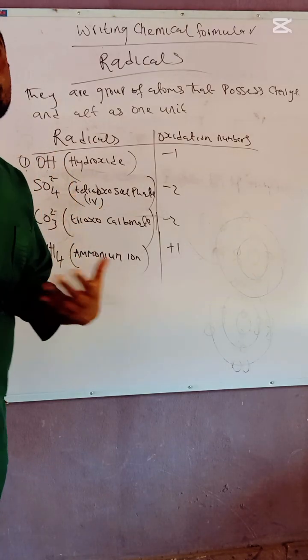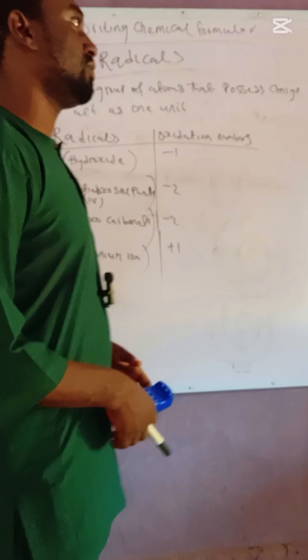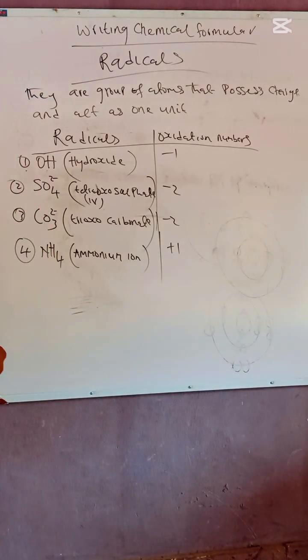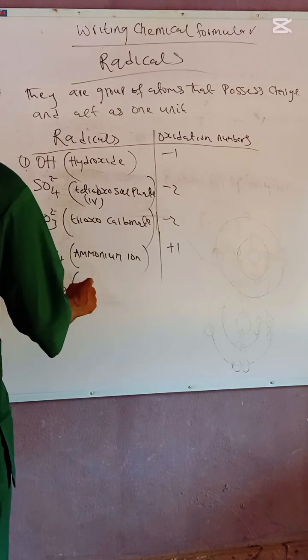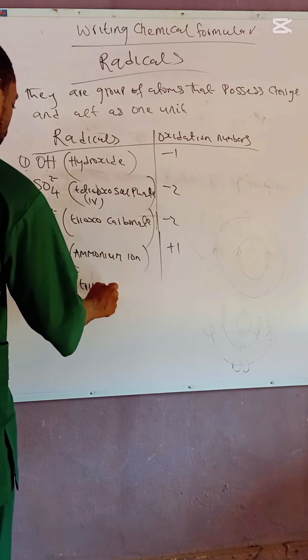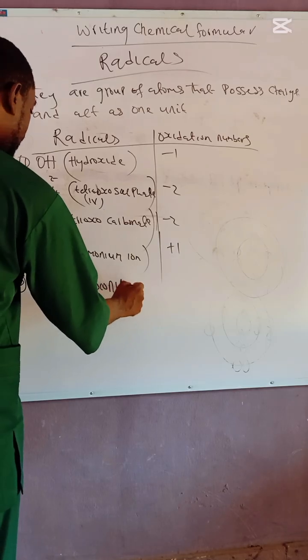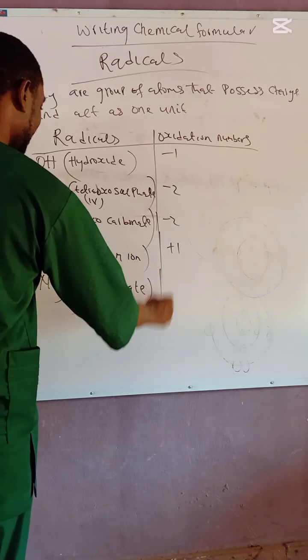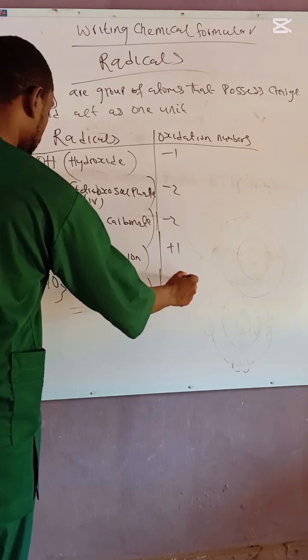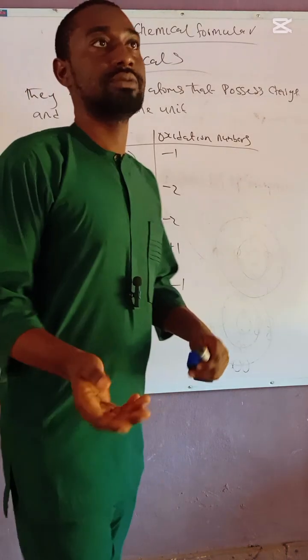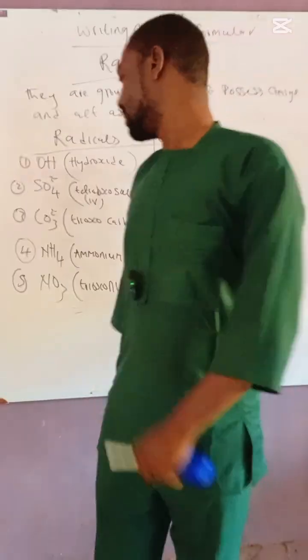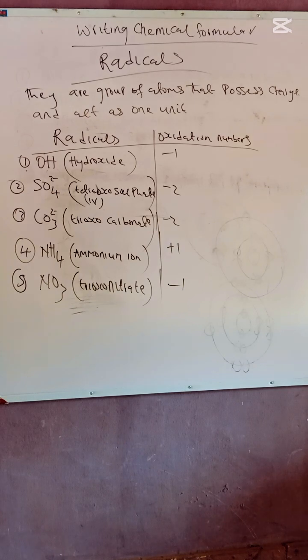We have more, but these are the popular radicals, so you should memorise them. There is also NO3, called nitrate or nitrate 5, and its oxidation number is -1.